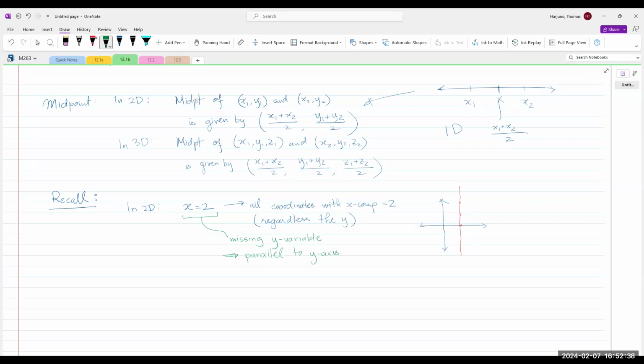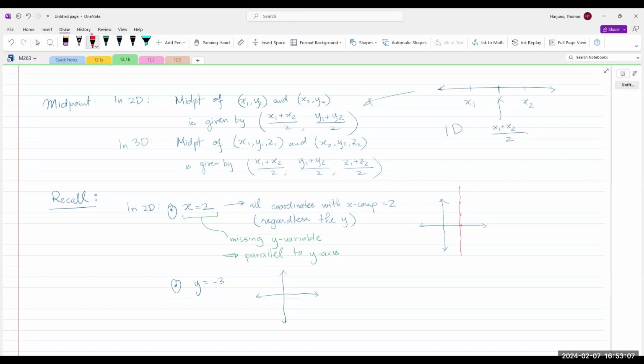And you notice that we can do the same thing with, for example, y equals -3, right? Okay, notice the behavior: if you have x and y axes, then y equals -3 is missing the x variable.